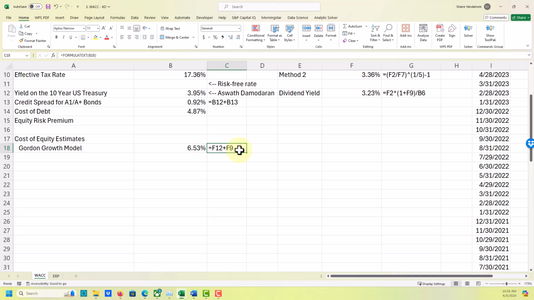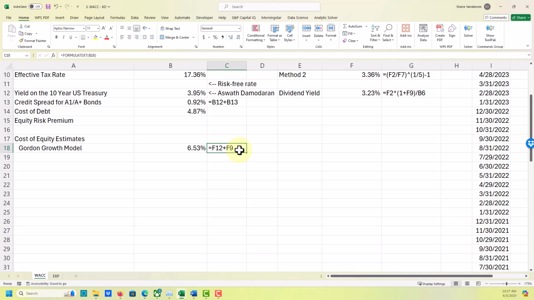This model doesn't work very well if the firm is not in that constant growth mode. And Coca Cola, fortunately, is. They've been around for a long time. They've saturated their markets. They grow based on population growth, and their revenues grow along with inflation as well. And so we can use this constant growth model approach with that.